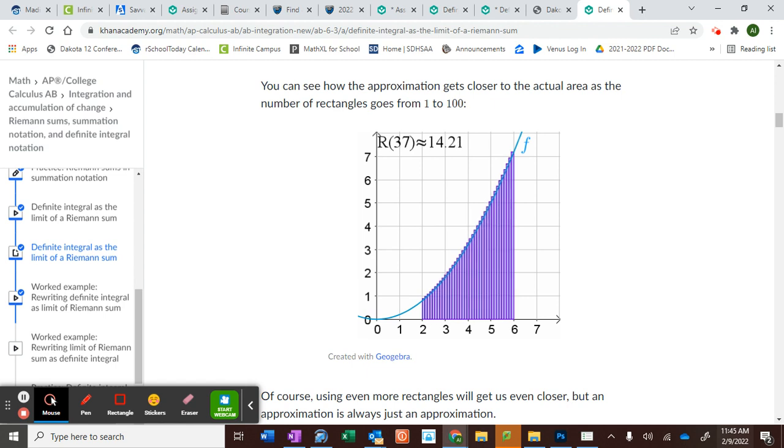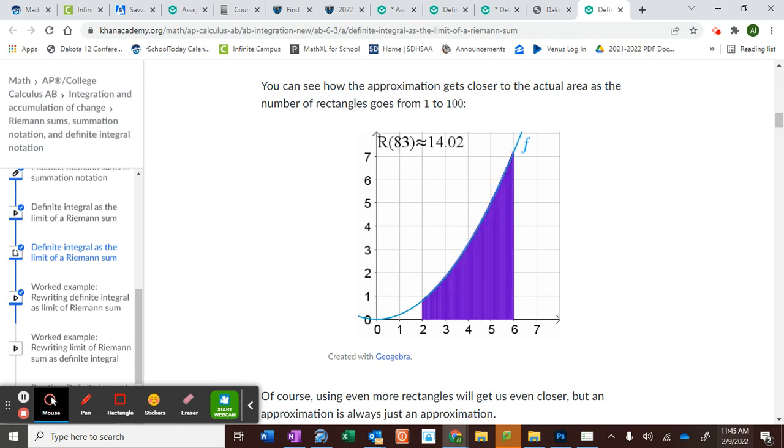So when we do an integral, we take what we had for rectangles and we keep making more and more and more rectangles. What we do is make n, the number of rectangles, go to infinity. So that's like what we learned at the start of the year, a limit. As n approaches infinity, what is going to be the area under the curve?